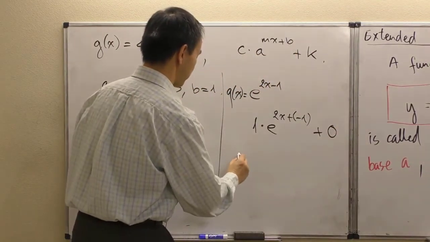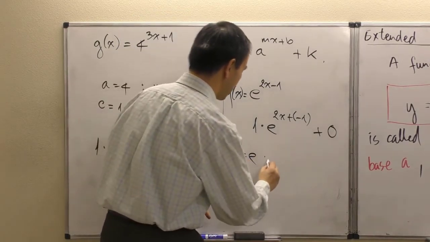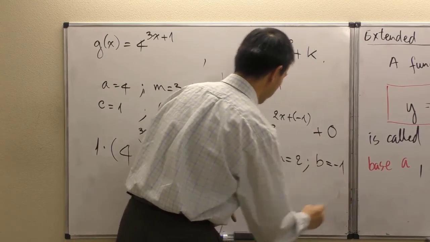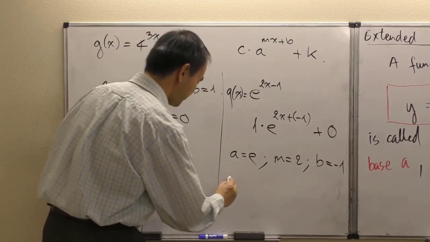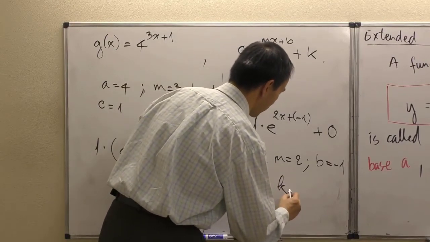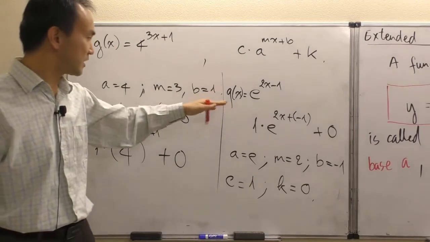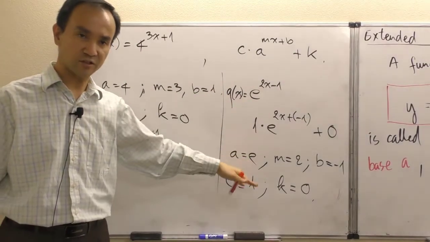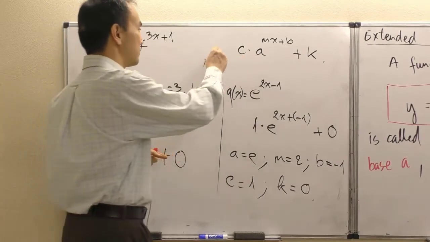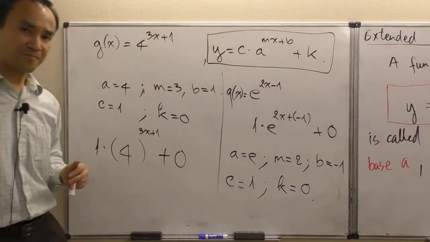So a is e, m is 2, b is negative 1, the constant coefficient in front is 1, and the constant at the end is 0. That's how I'm breaking these functions down so that they align with the general form of a general exponential function.